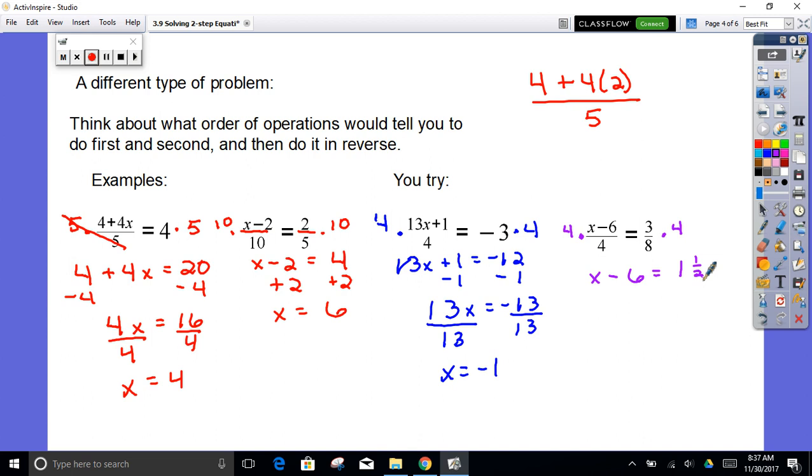Then I added 6 to 6 and 1.5. And I got 7.5. Good. 7.5, if you wrote it as 7.5, same thing. Okay. Any questions about this before we move on?